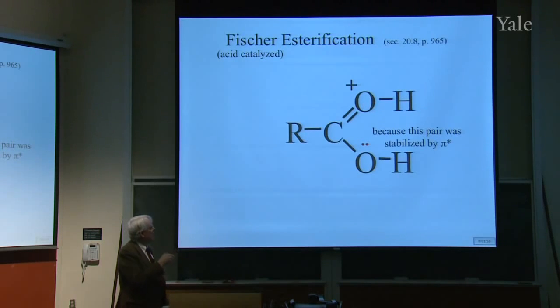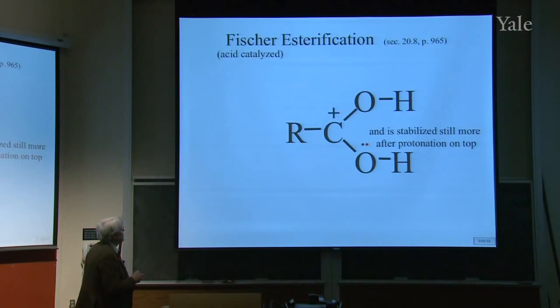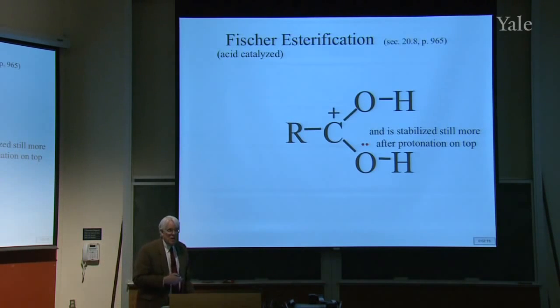But notice the stability you get there gets even more so when you protonate on the top, right? Whatever stabilization you had of this unshared pair before you protonated it, you have more now because you have a lower LUMO to stabilize it. So you get that special stabilization, which you can draw by a resonance structure. Okay, so you in fact protonate the top, not the bottom.